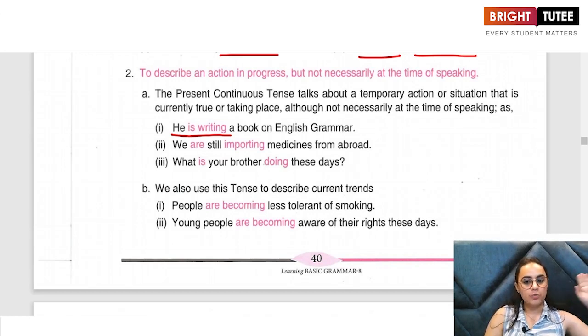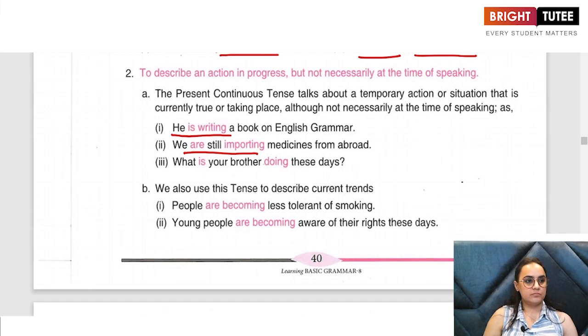There is somebody who's writing an English book. Not necessary that that person is writing when we are speaking, but this is the present situation that is being described. So since this is something which is in progress, we write it in the present continuous tense. We are still importing medicines from abroad. This again is a present condition.